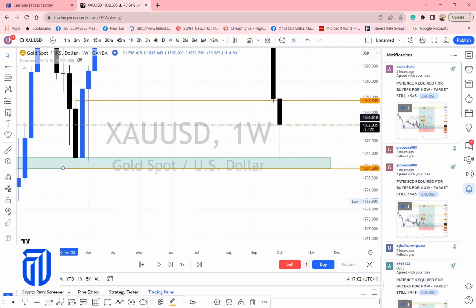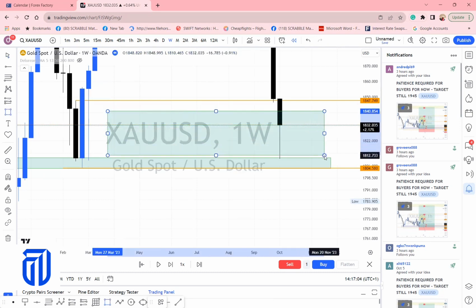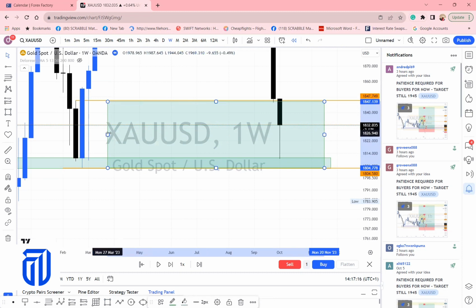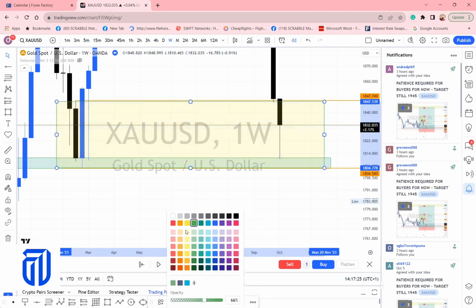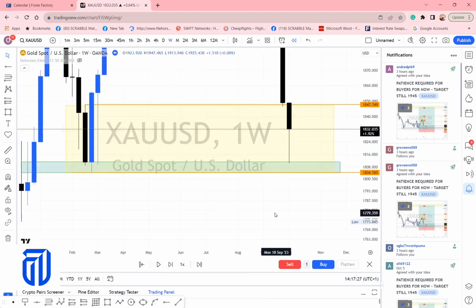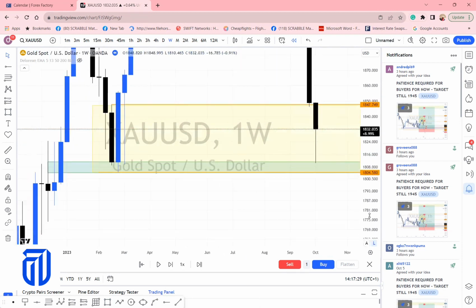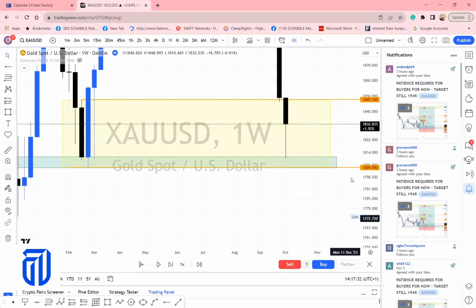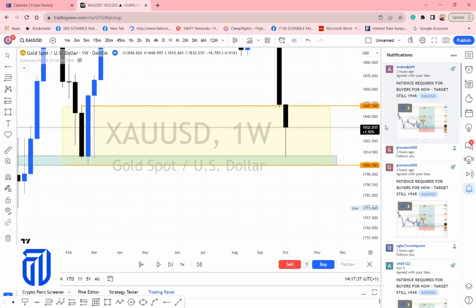This whole area up until this place is my bullish order block. So I know that there will be some very strong reaction. Let me make it a yellow zone. So I'm expecting some sort of reaction in the yellow zone. So I know that once price spikes or closes below 1804, then the market is going to continue to go bearish.